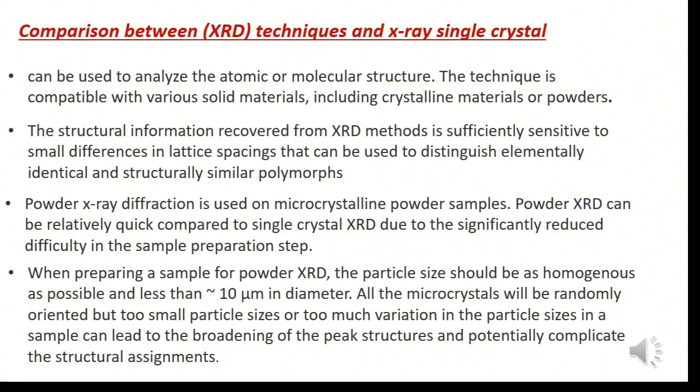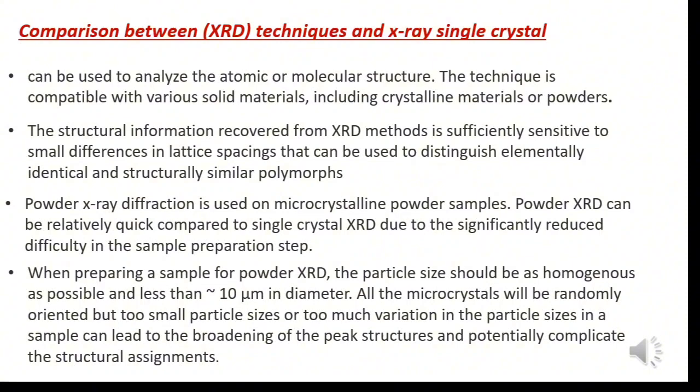Powder X-ray diffraction is used on microcrystalline powder samples. Powder XRD can be relatively quick compared to X-ray single crystal due to the significantly reduced difficulty in the sample preparation step. When preparing a sample for powder XRD, the particle size should be as homogeneous as possible and less than 10 micrometers in diameter.